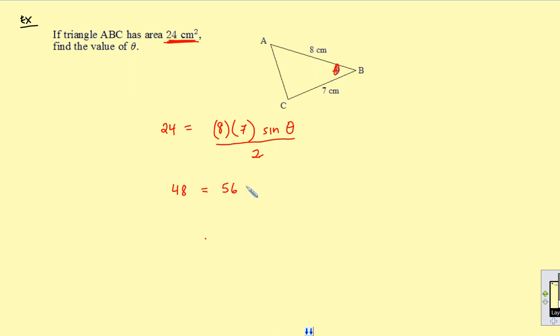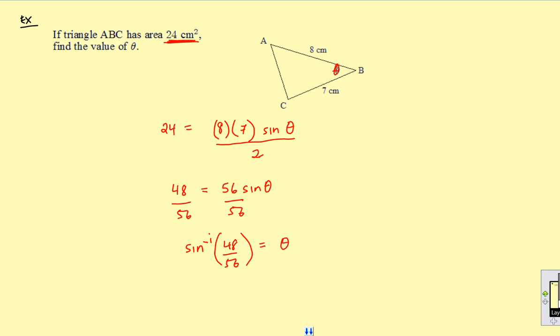48 equals 56 sine theta, and now I'm just going to divide both sides by 56, and therefore I will say that sine inverse of 48 over 56 is equal to theta.